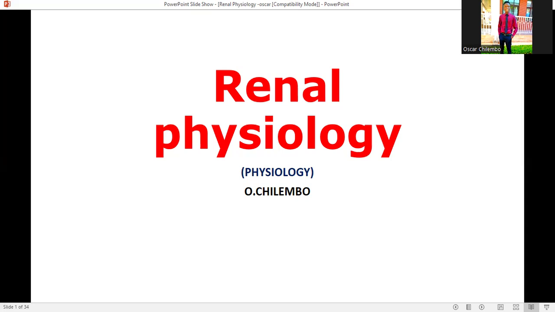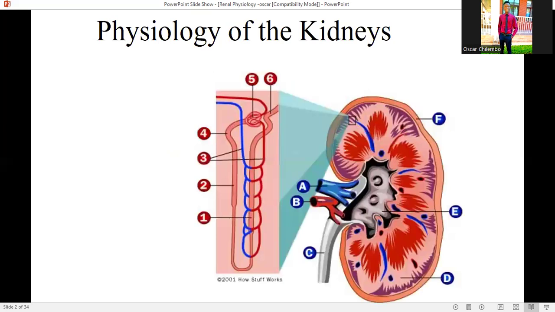Apart from that, the kidneys also play a critical role in the regulation of BP and a lot of functions that we're going to discuss in this topic. So whenever you hear renal physiology, we're just talking about the kidneys, because they are the ones involved in this part of the topic.